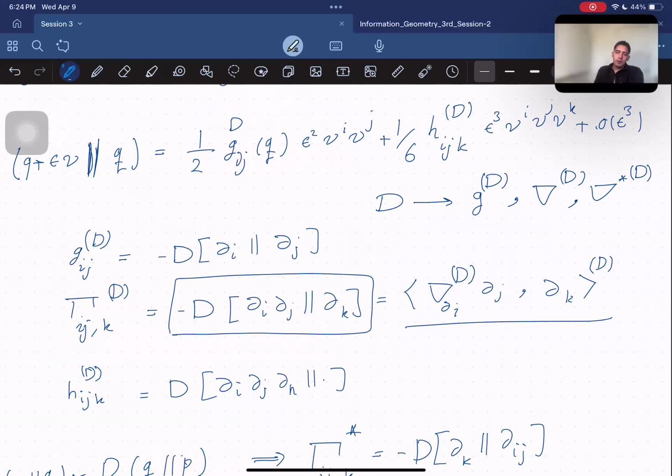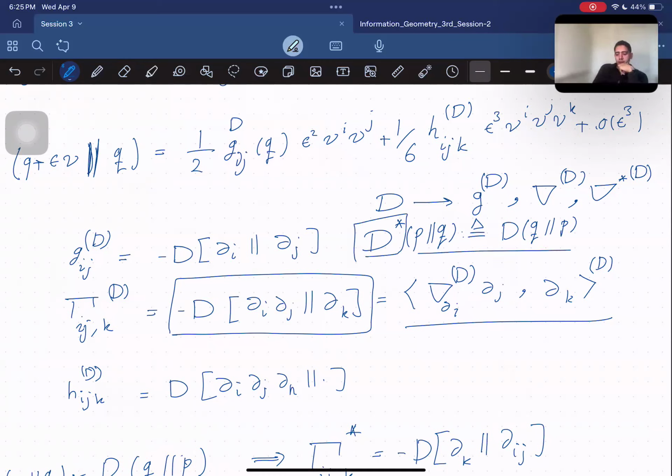If you go ahead and calculate the dual connection, you'll see that the dual of P and Q, if I look at the dual in the sense of divergence, if I define it to be P, so I just swap P and Q. If I look at the dual of divergence and define it like this, it would give you the same metric.